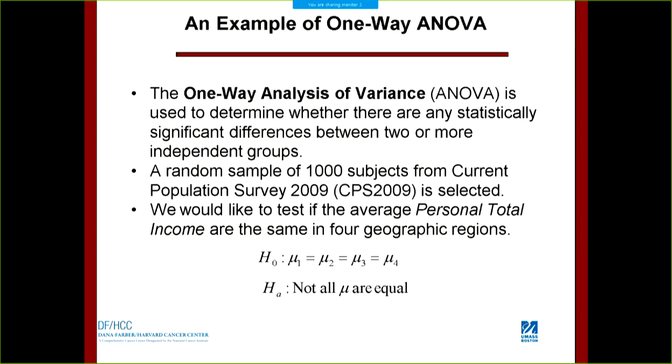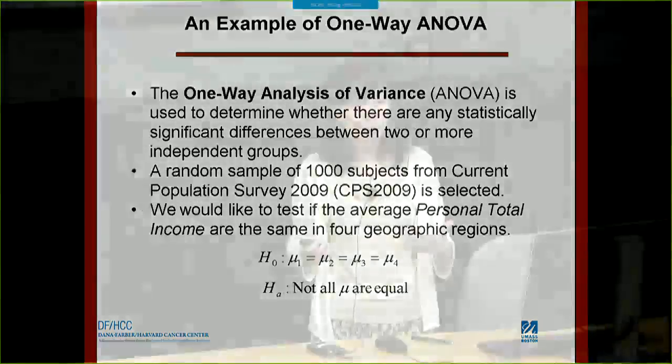The alternative hypothesis is that they are not all the same, which means one or two pairs may have a significant difference in the average personal total income. Here is the data in the SPSS spreadsheet.